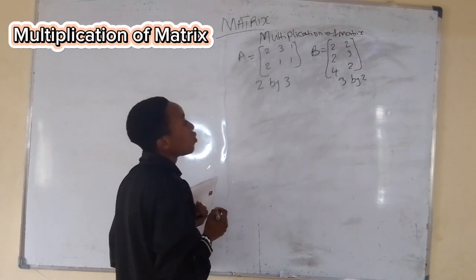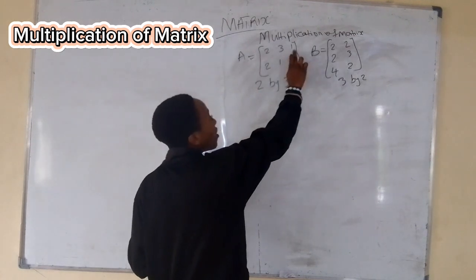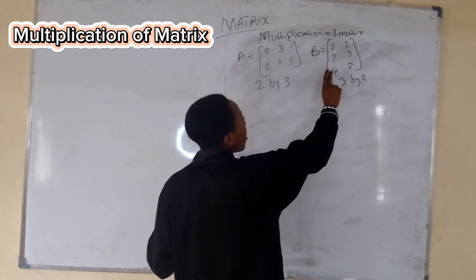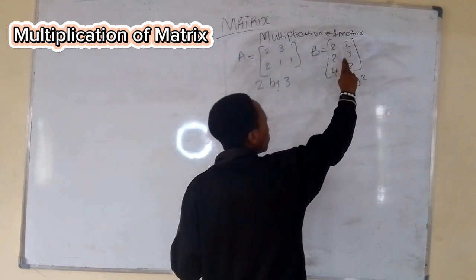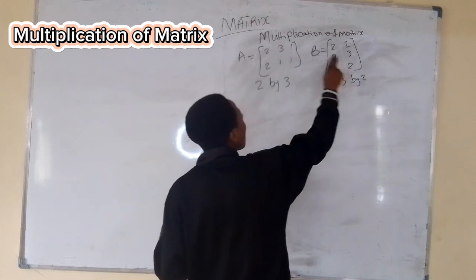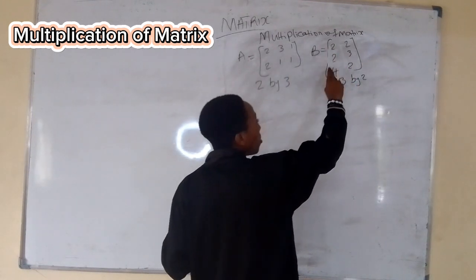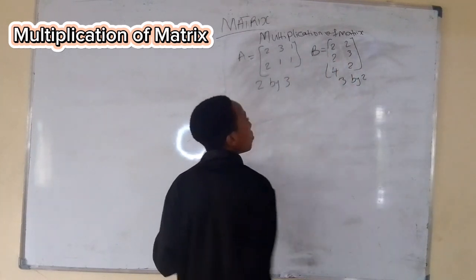So now what we want to do is to multiply our first row by our first column, multiply our first row again by our second column, and then multiply our second row by our first column, and then still multiply our second row by our second column.